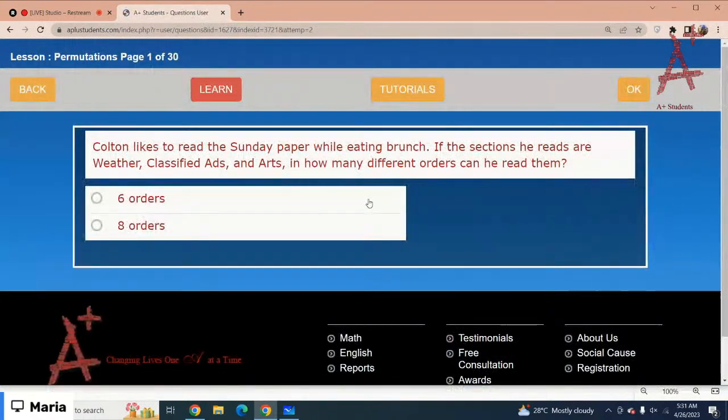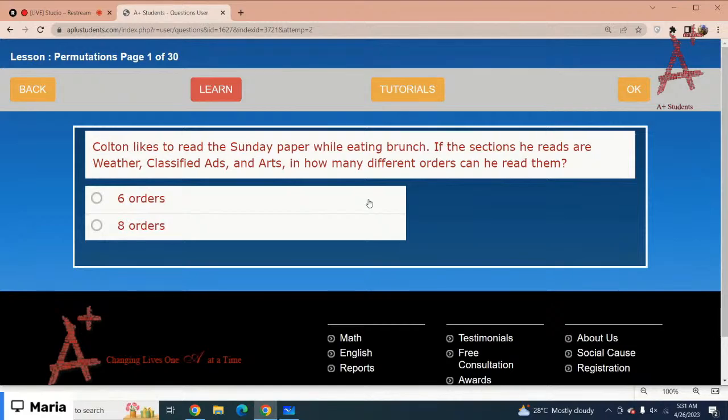Colton likes to read the Sunday paper while eating brunch. If the sections he reads are weather, classified ads, and arts, in how many different orders can he read them? Three sections: weather, classified ads, and arts. So 3 factorial equals 3 times 2 times 1.